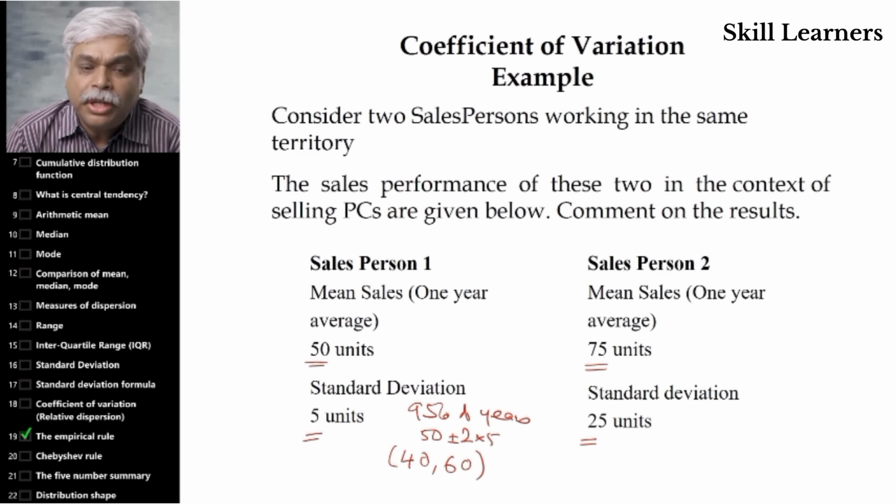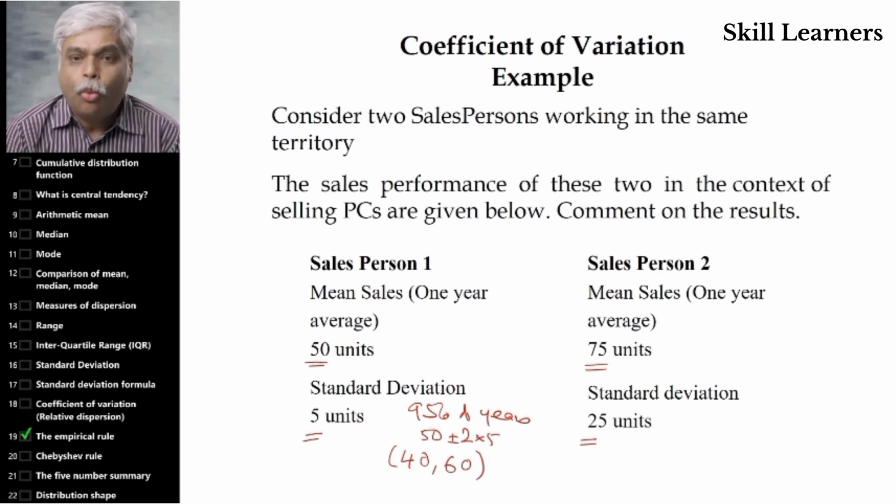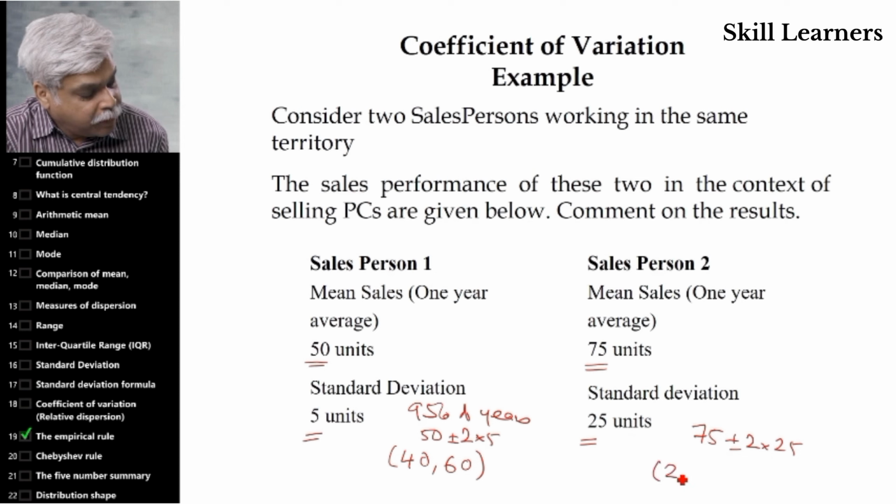So 95% of my years, 19 out of 20 years, salesperson 1 will sell 40 to 60 units for me. What is the corresponding number for salesperson 2? 75 plus minus 2 into 25, which is 25 to 125.